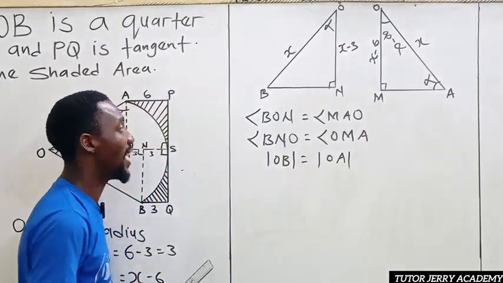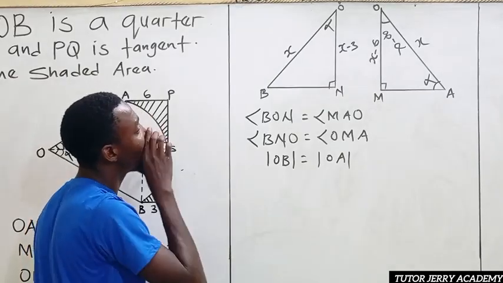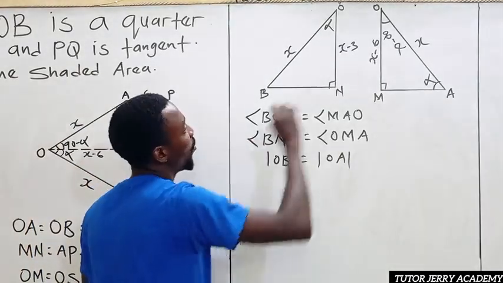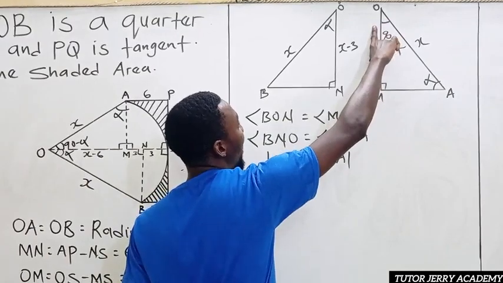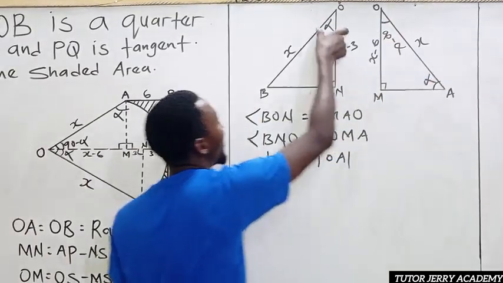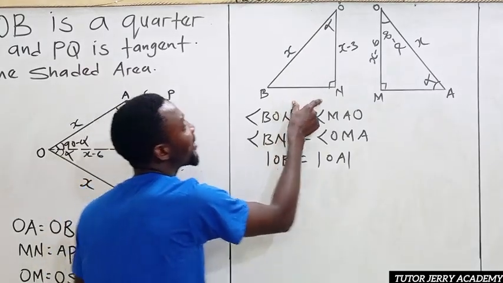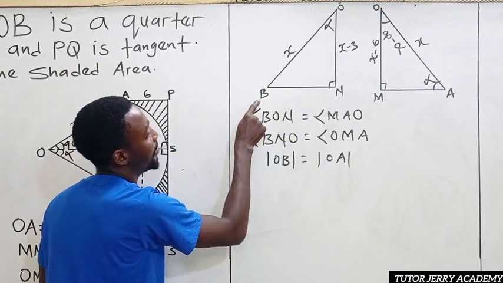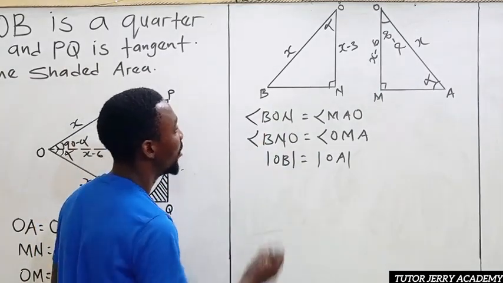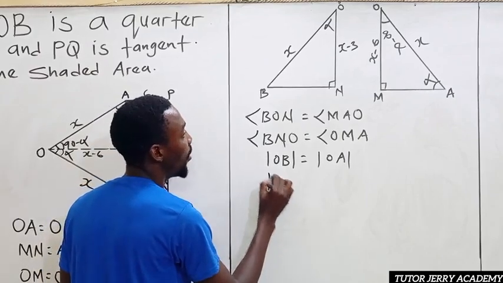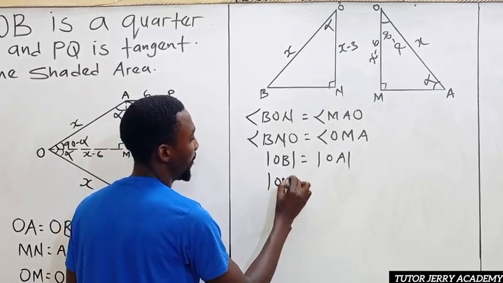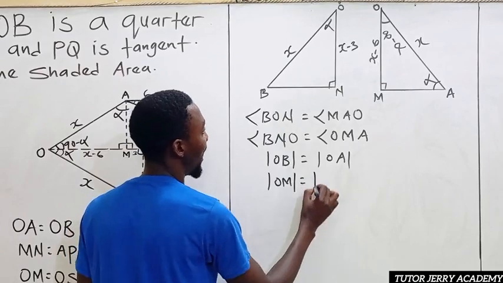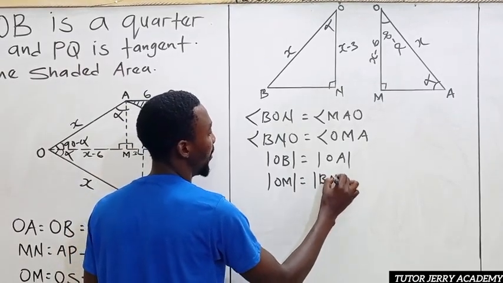So now if it is like that, it means that this X minus 6 that we have here, facing alpha, alpha is facing this line. So it means that line OM corresponds to line BN. I hope you understand. So it means that line OM corresponds to line BN.